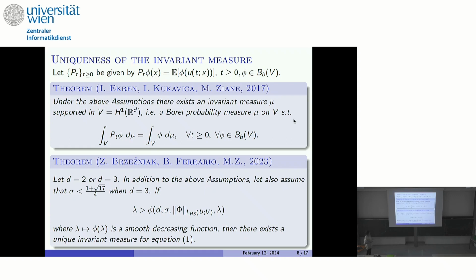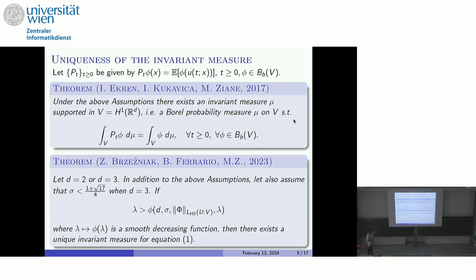If lambda, which is the intensity of the dissipation coefficient, is bigger than a function that depends on the parameters of the equation, so in particular depends on the intensity of the noise and lambda itself, but we are able to prove that you have a decreasing dependence with respect to lambda itself. So if this condition holds true, then you have uniqueness of the invariant measure.